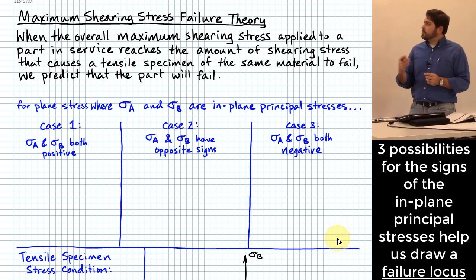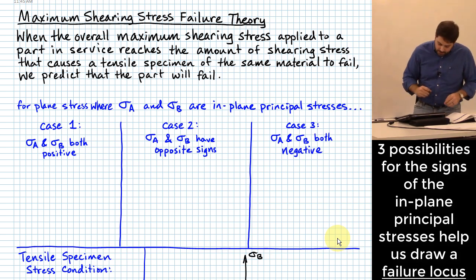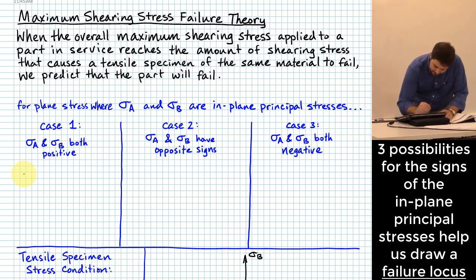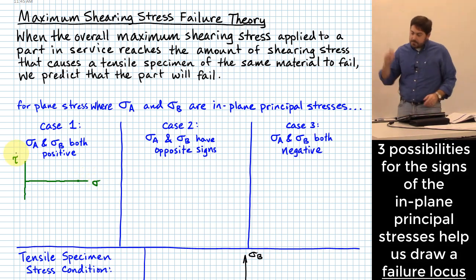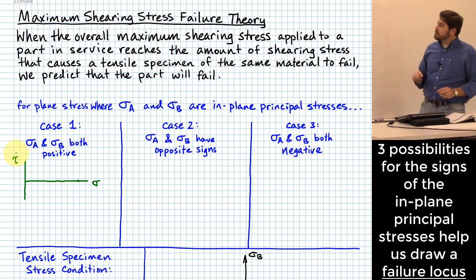So if both of these in-plane principal stresses are positive, what would that look like on a Mohr three-circle diagram? Okay, so let's say these are some axes here, where since it's a Mohr diagram, it's going to be normal stress and shearing stress.